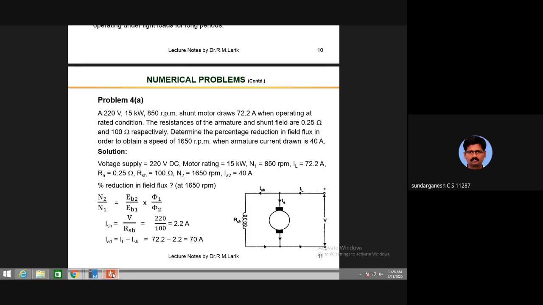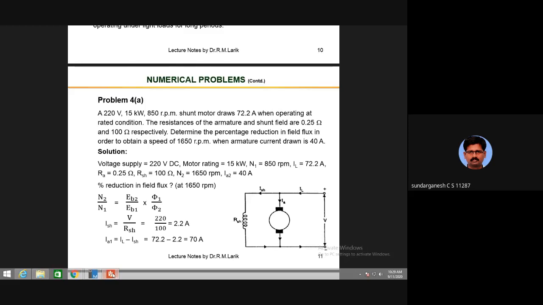The voltage V equal to 220 volt. Rating P equal to 15 kilowatt. N1 850 RPM. RA 0.25 ohm.